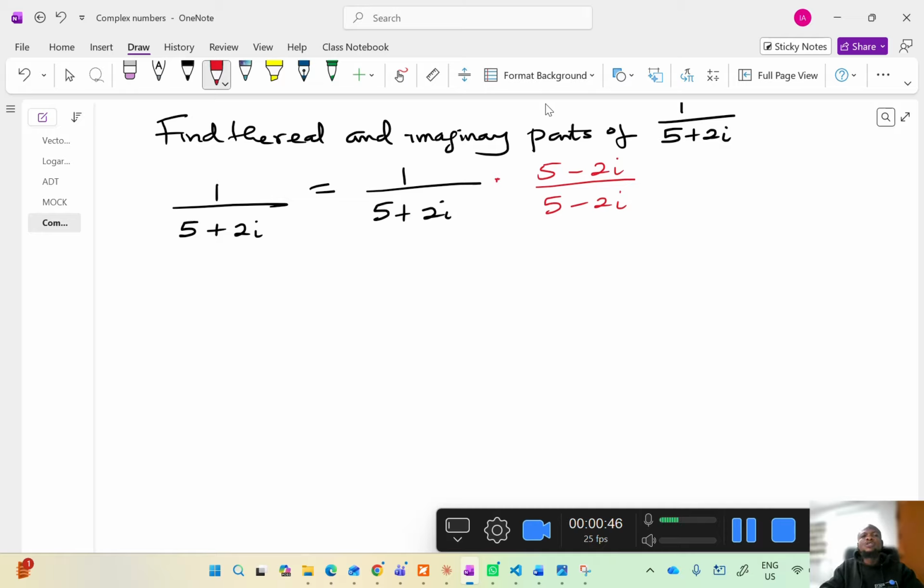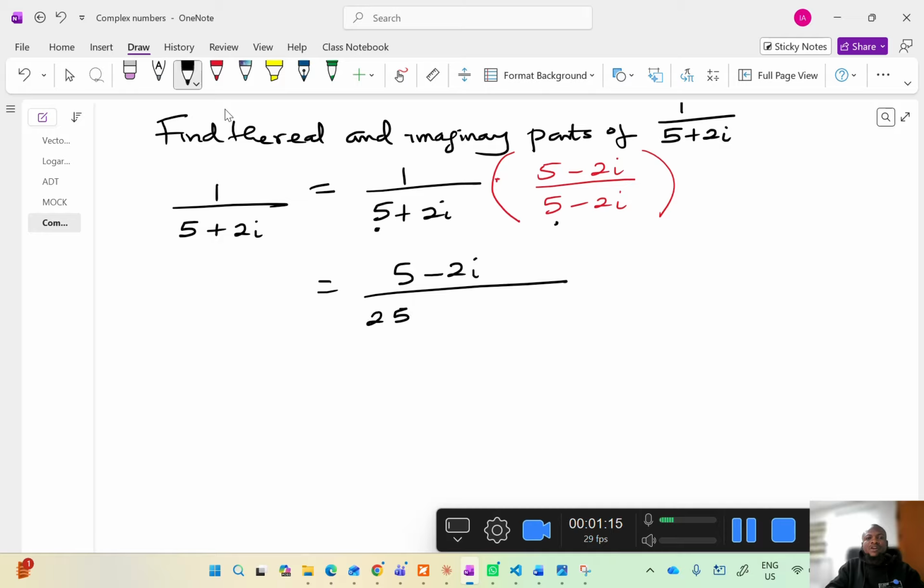Why? Because when you multiply two conjugates, you will get a real value. That real value makes the division of complex numbers easy for you to work with. And if you cancel out these two, you still get your original expression. At this point, this becomes 5 minus 2i divided by, then 5 multiplied by 5 is 25. 5 multiplied by 2i is plus 10i, and this is minus 10i, and this is minus 4i squared.